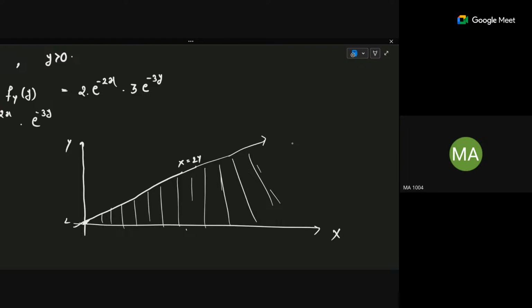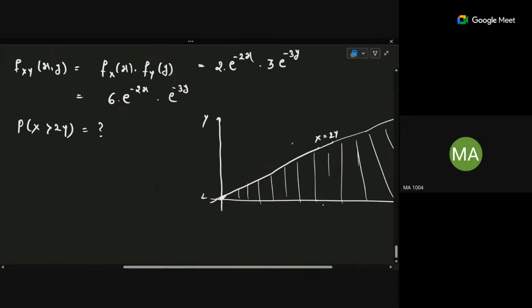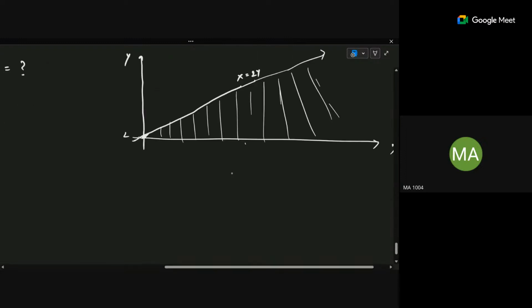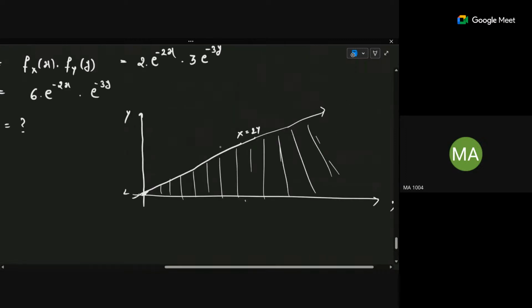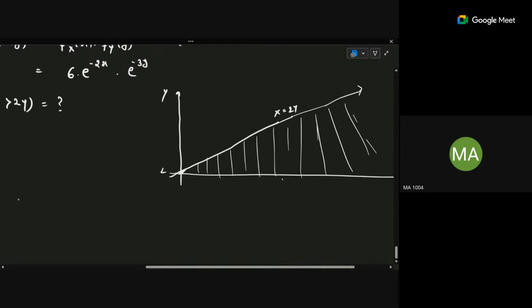Now we know the probability density function of this, and to calculate the probability that x is greater than twice y, the area of this part is our required one. How to do that? Nothing much, just double integration. Is it fine?